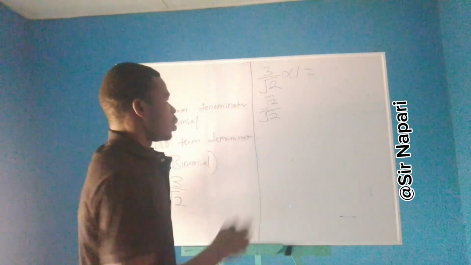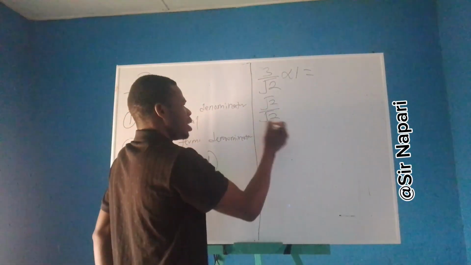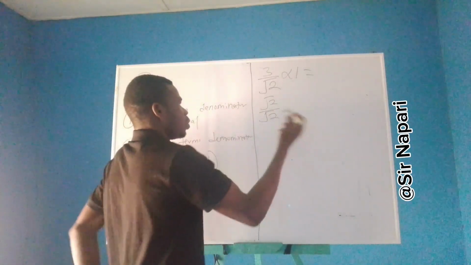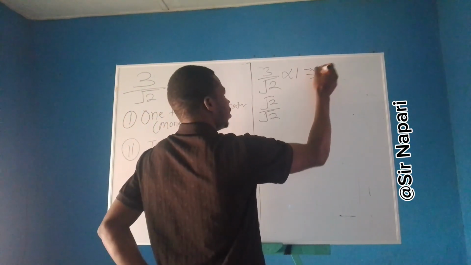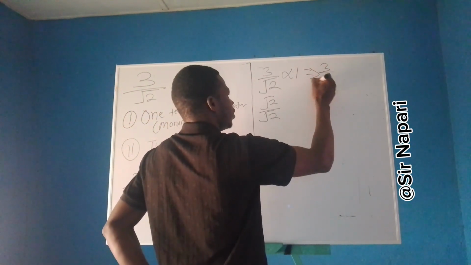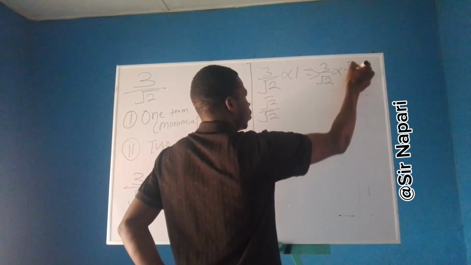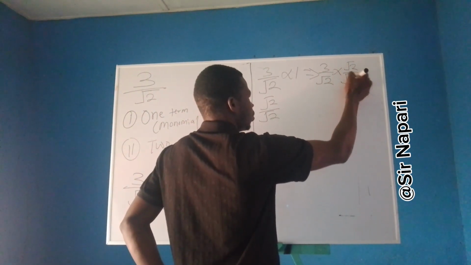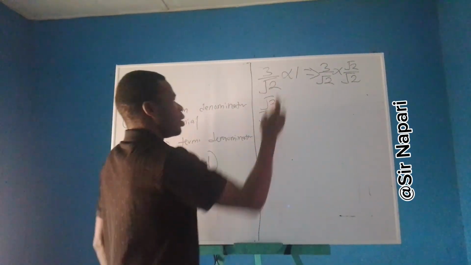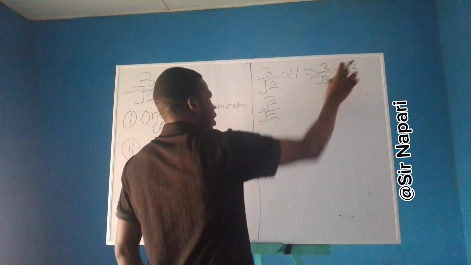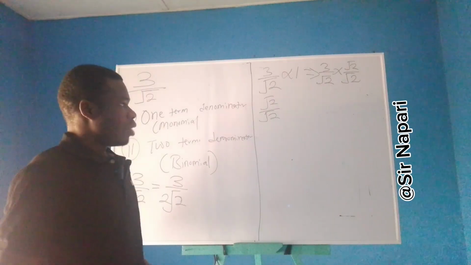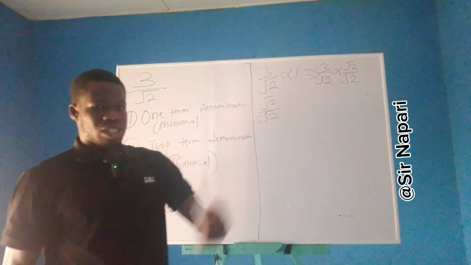Now let's do that. So here, in place of the 1, we can replace it this way. So in knowing that, we can have 3 over root 2 multiplied by root of 2 divided by root of 2. This is the same as 1, but we don't write the 1, we replace it with this. Now, we move ahead to simplify.